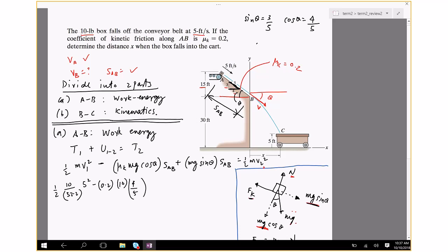The distance SAB you can find because you know theta. So SAB sine theta is 15. So SAB should be 15 divided by sine theta, right? SAB is this distance. Sine of that is going to give me the vertical height. And so I just move things around.